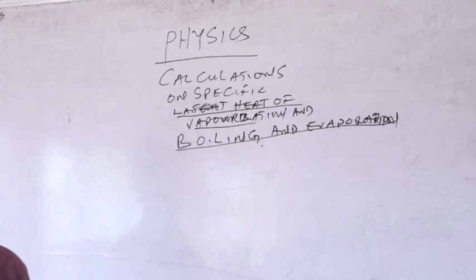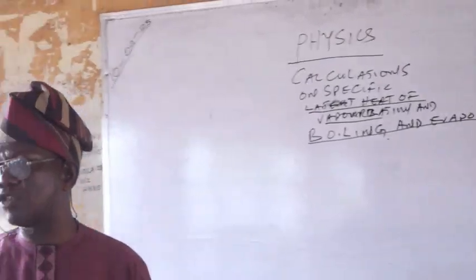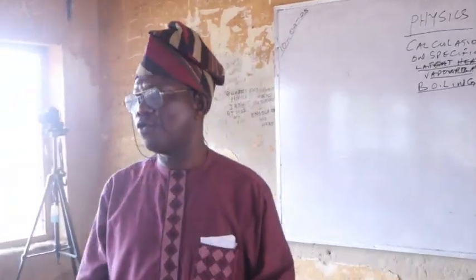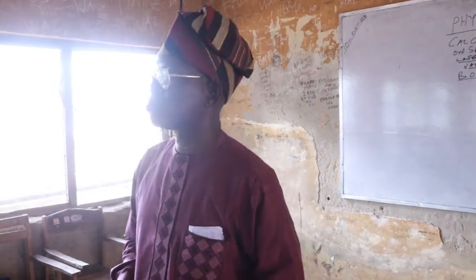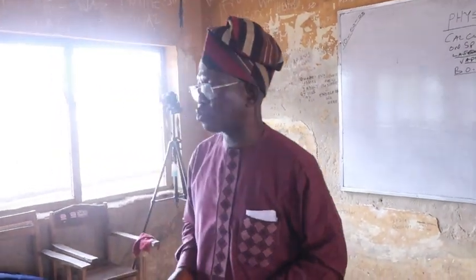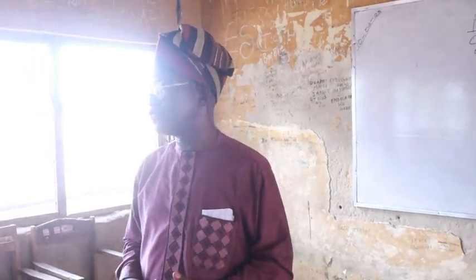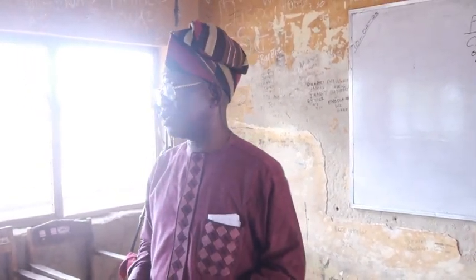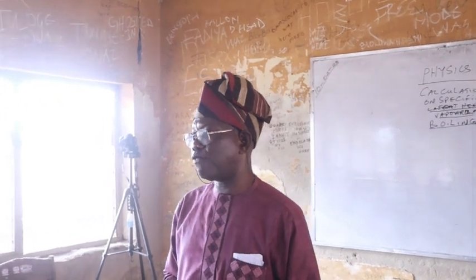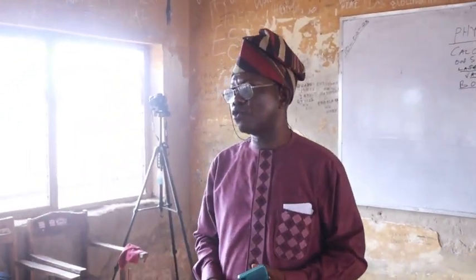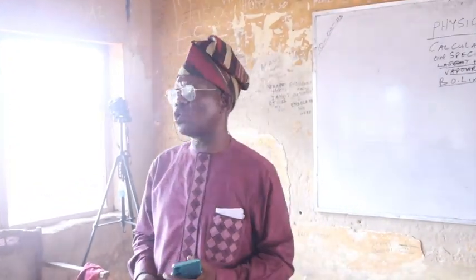Now, last week we were able to look at specific latent heat of vaporization of steam, and we define it as the quantity of heat required by a unit mass of water to change from water to vapor at boiling point without changing temperature.